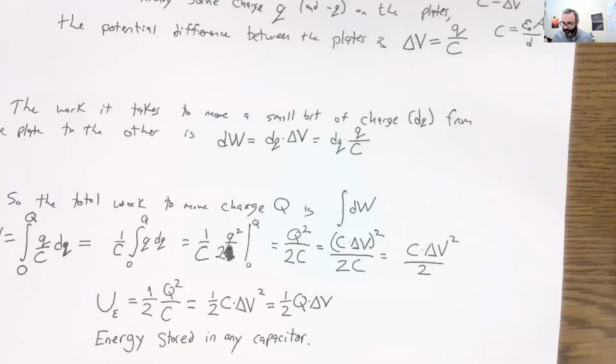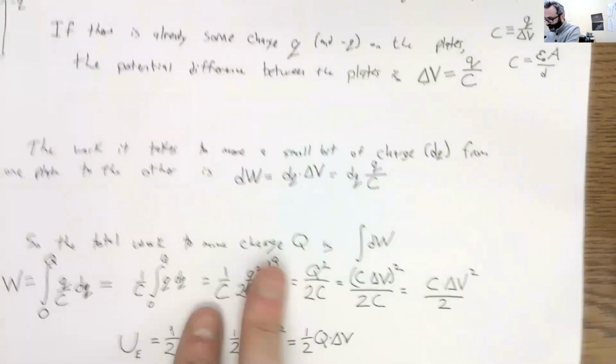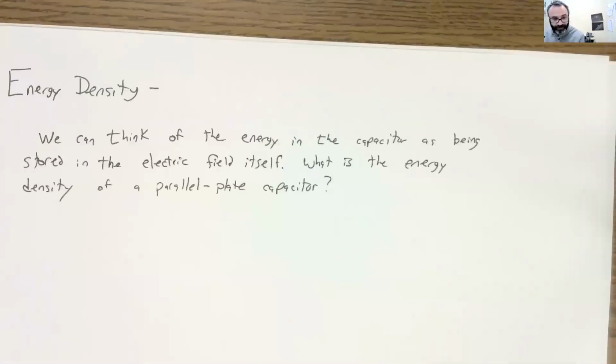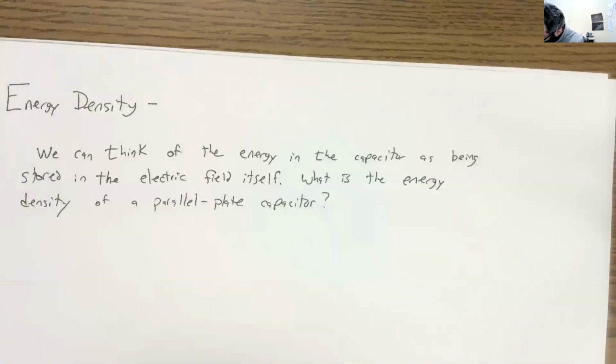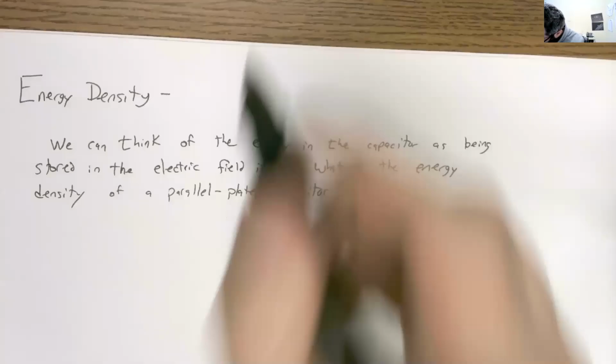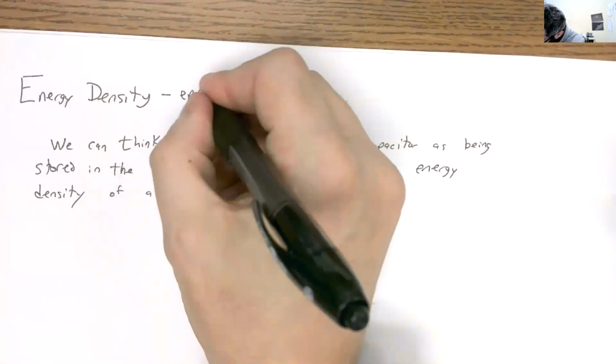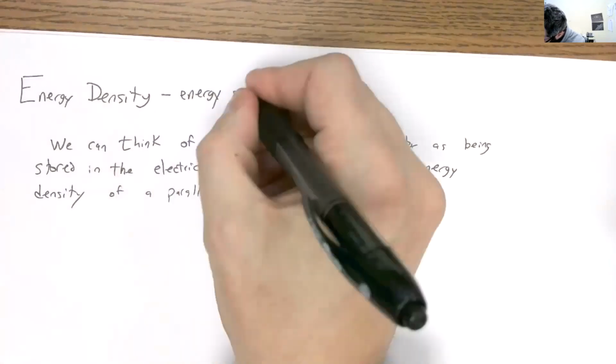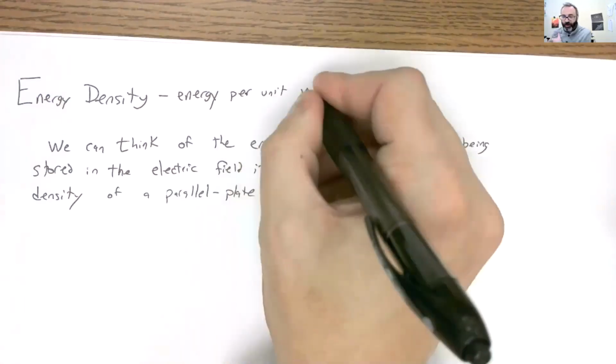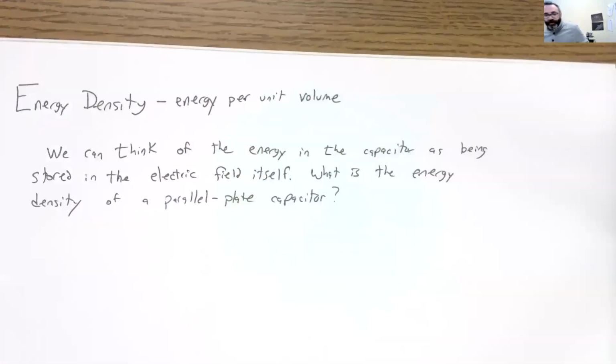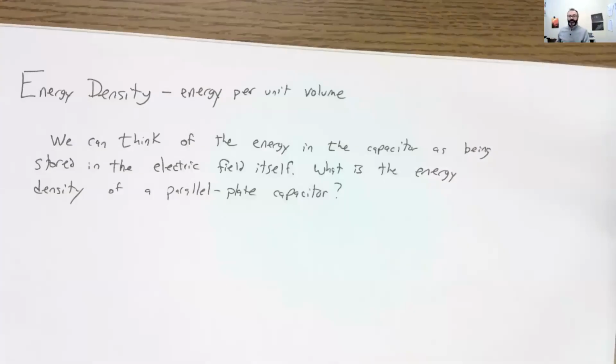So the other kind of common, useful quantity is the energy density. The energy density is the energy per unit volume, because we can think of the energy in the capacitor as being stored in the electric field itself, right?